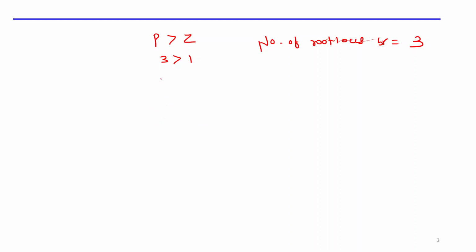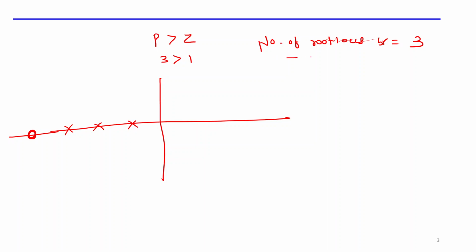So remember the root locus: suppose there are 3 poles. I'm just drawing 3 poles, and somewhere there is 1 zero. Let's make this the zero. So the number of root locus branches will be equal to 3.